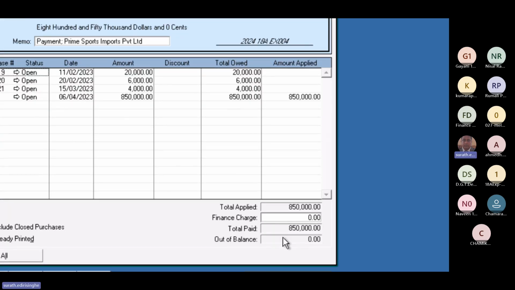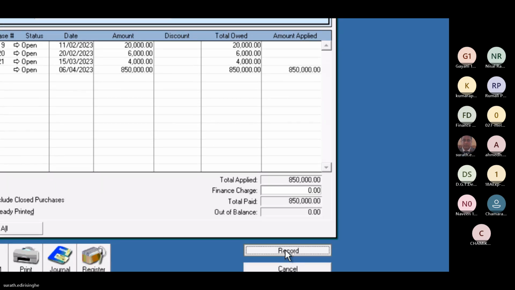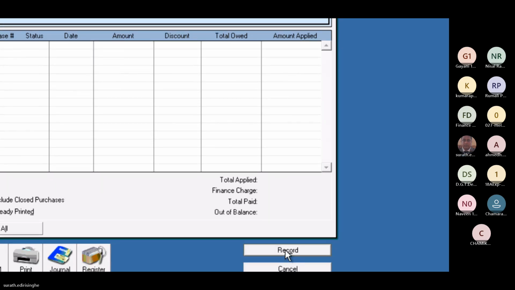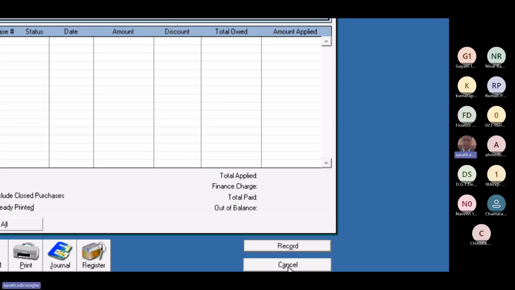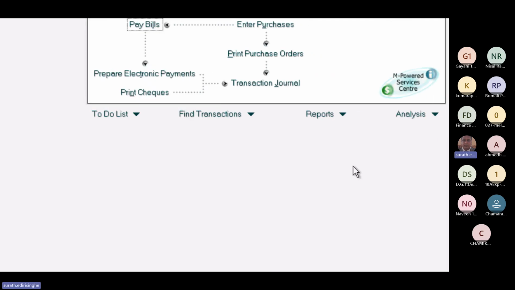Now the out of balance is 0. Then click record. Settle the bill. Then the company has full ownership of the asset, the one tractor.